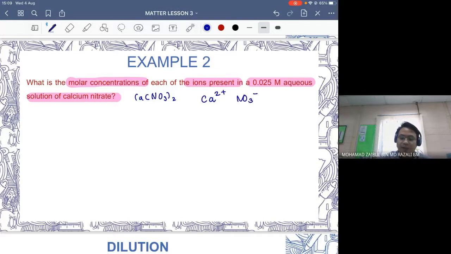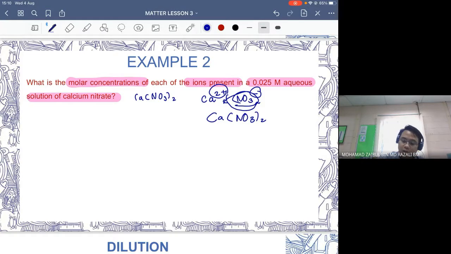Nitrate is -1. So if both ion combine become salt, so kita akan bawa charge dia ke opposite side. So Ca will gain the -1 charge. Okay, NO3 is a polyatomic ion. That's why kita kena bracketkan dia. That's why we going to become 2.